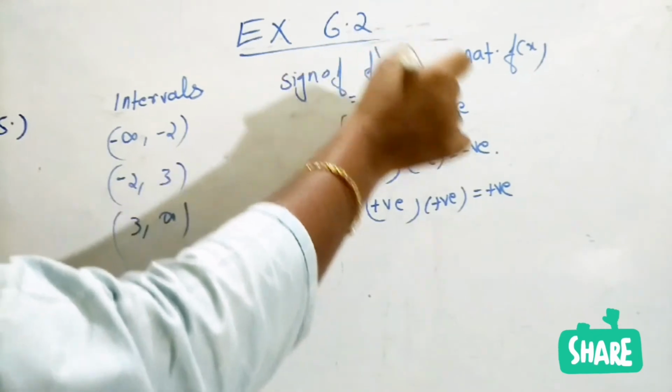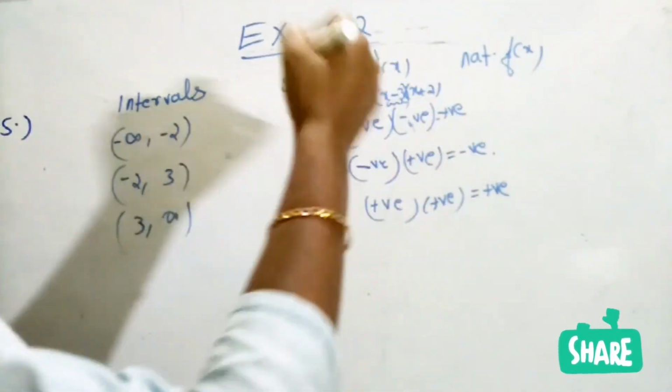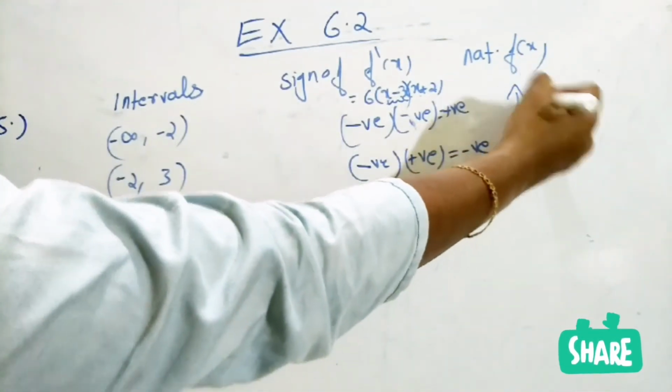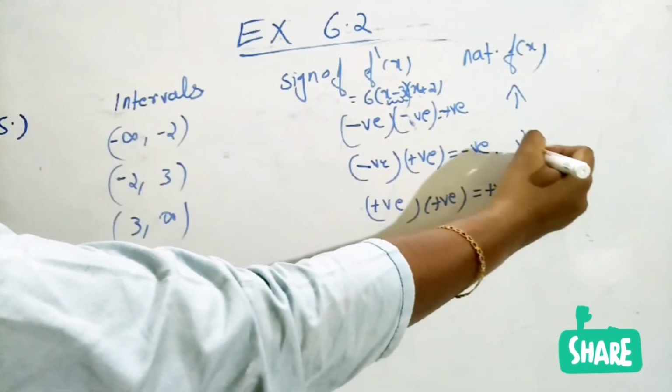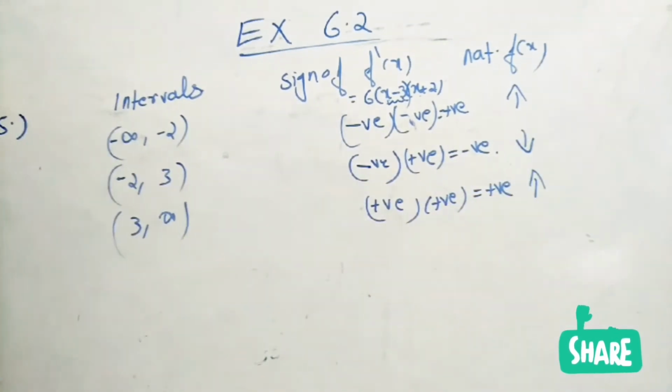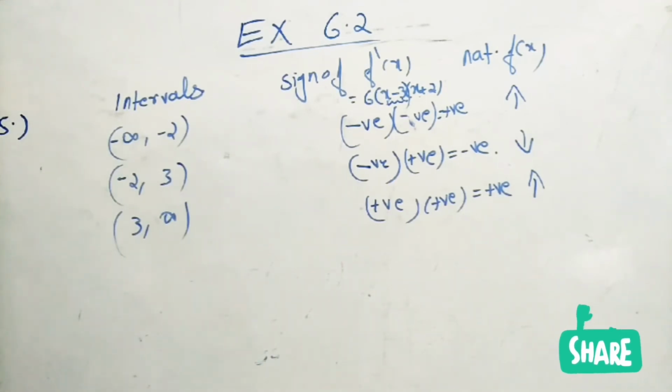So if the sign of f dash of x is positive, positive means greater than 0, then the function is strictly increasing. The sign of f dash of x in the second interval is less than 0, therefore the function is decreasing, and in the third interval the function is strictly increasing.